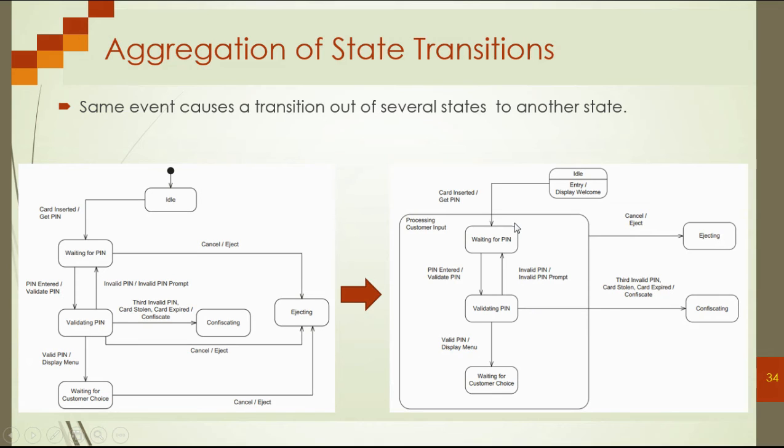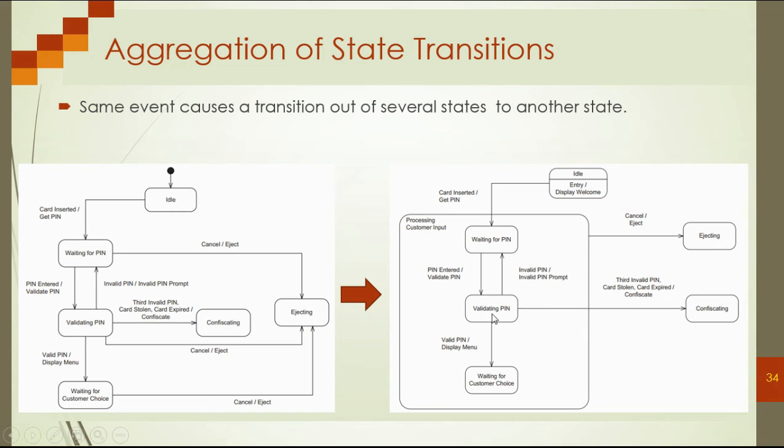So the composite state allows you to specify one state or one transition from this composite. As we see here, we have these three states. The ejecting state can come from any of these three states.